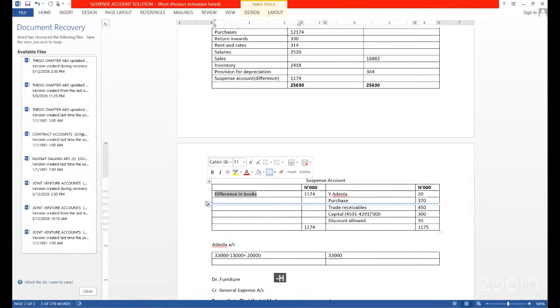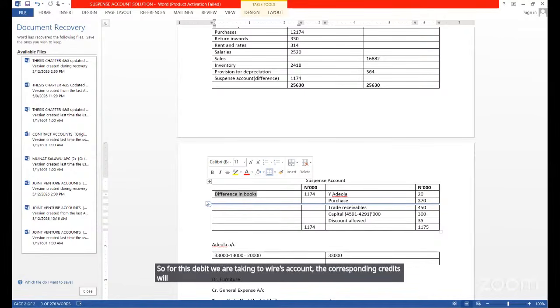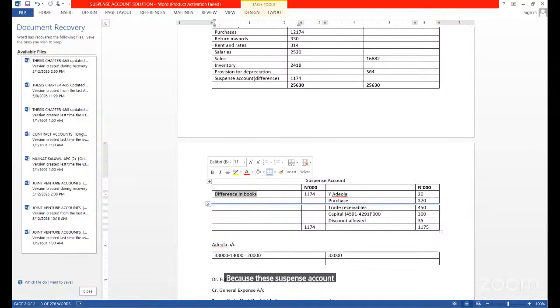However, remember that in accounting, for every debit, there must be a corresponding credit. So for this debit we are taking to Adeola's account, the corresponding credit will be in the suspense account. Because this suspense account is used to correct errors that affect the trial balance.